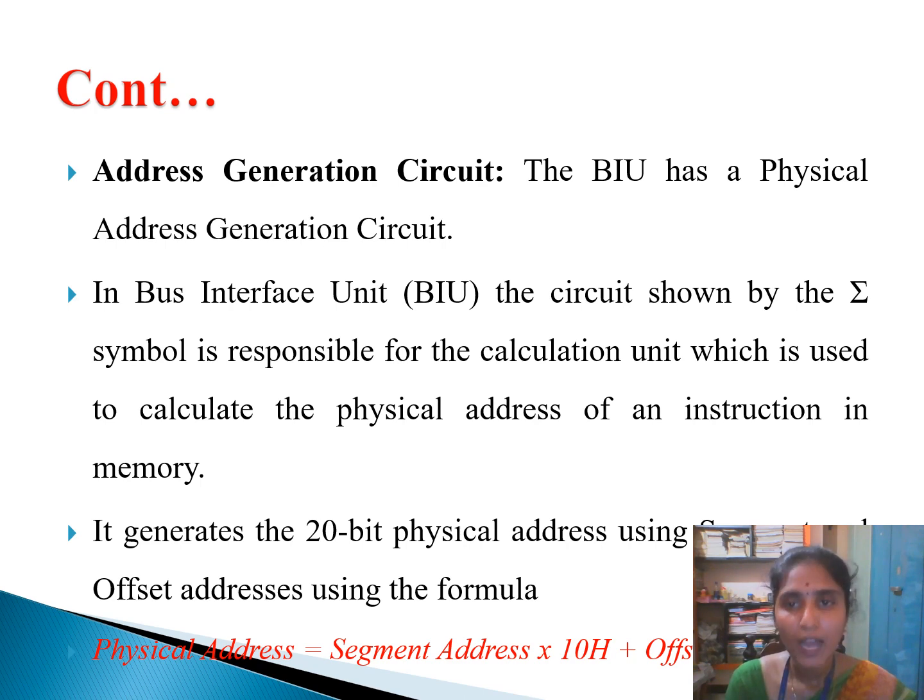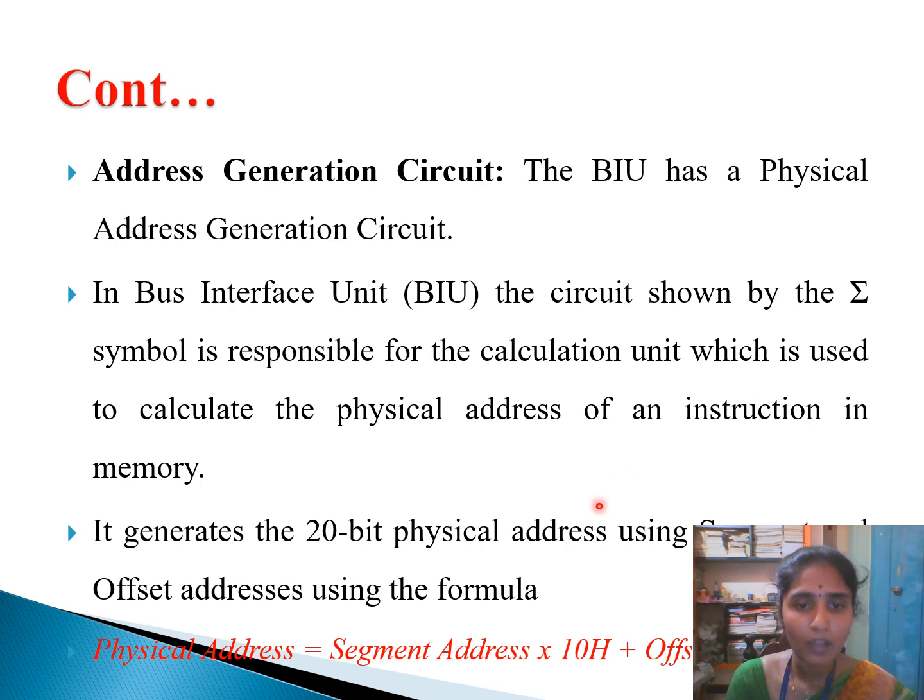The BIU has a physical address generation circuit. In the bus interface unit, the circuit shown by the sigma symbol is the calculation unit, which is used to calculate the physical address of the instruction in memory. It generates a 20-bit physical address using the segment address and offset address.